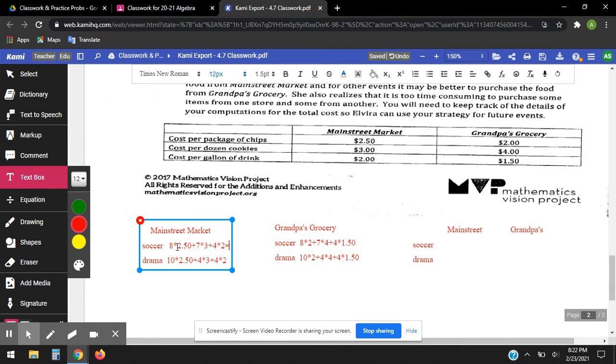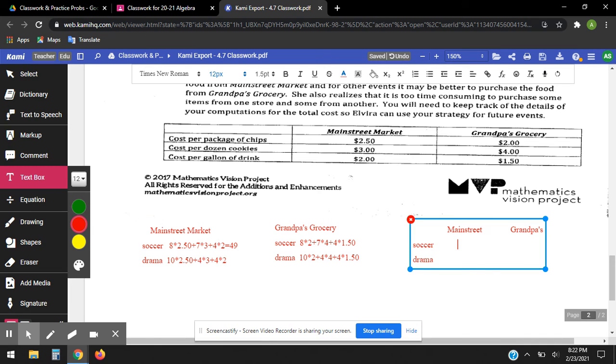is 8 times 2.50 is 20, plus 21, plus 8. We end up with $49. So over here, I'm going to put Main Street's is $49 total.